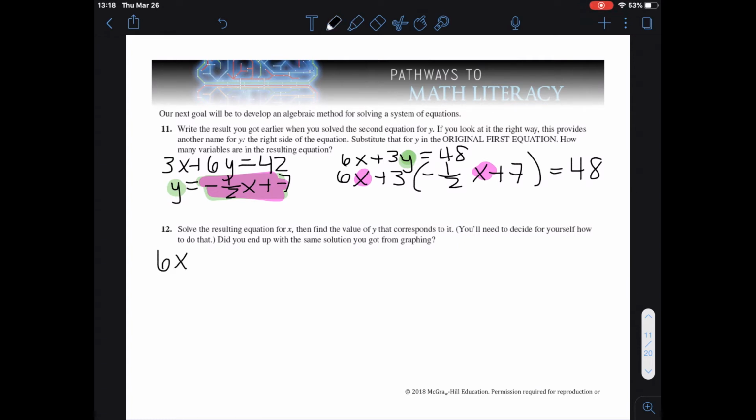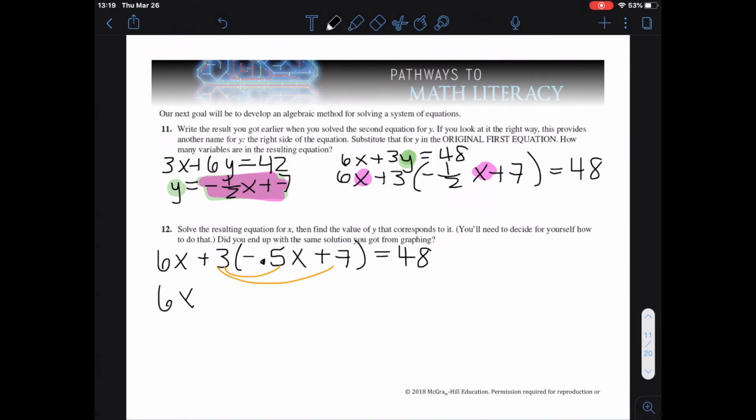So we've got 6x plus 3 times negative 1/2, so that's just negative 0.5x plus 7. This needs to equal 48. So to solve for x, we're going to have to distribute this 3.